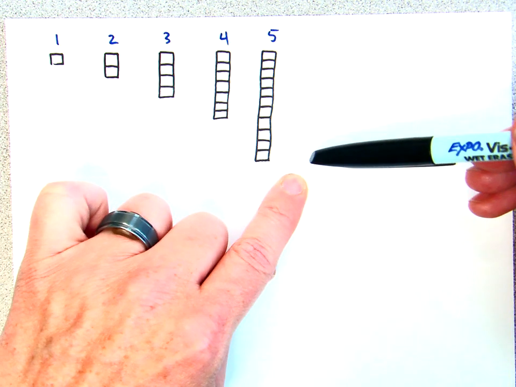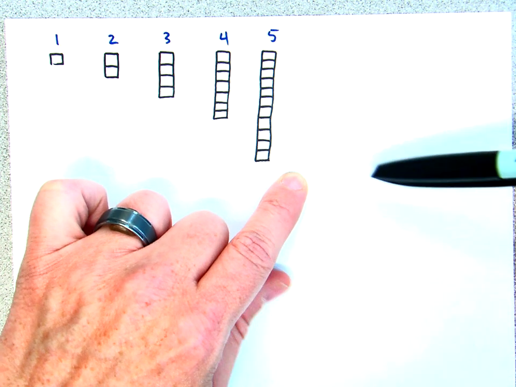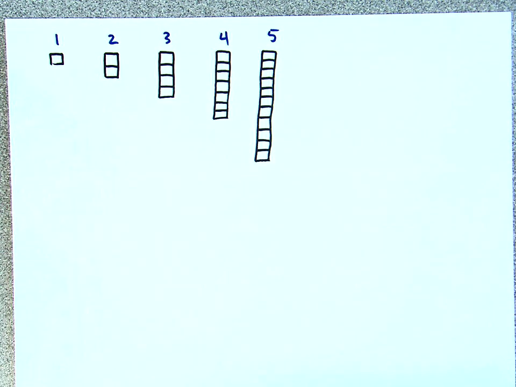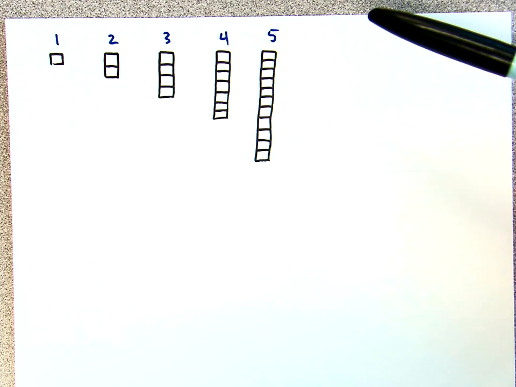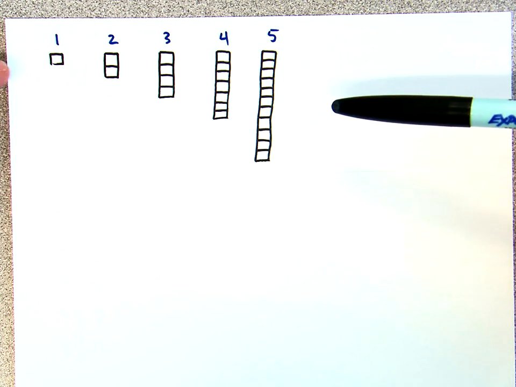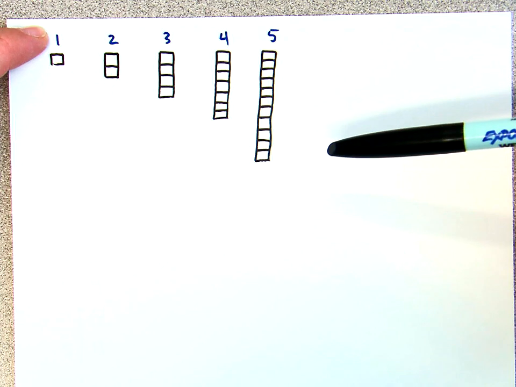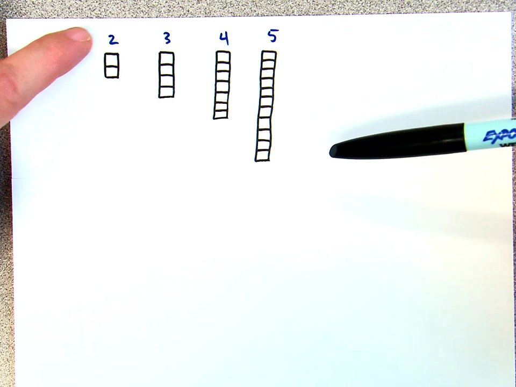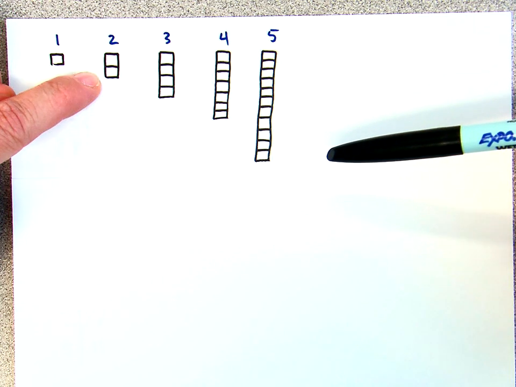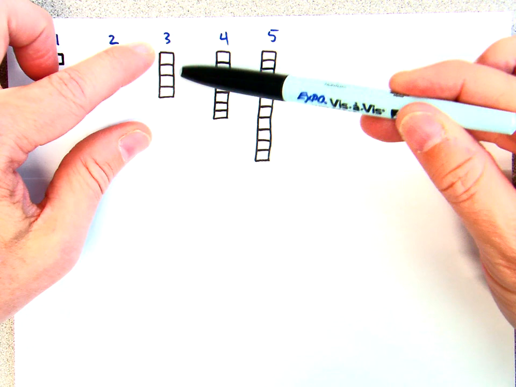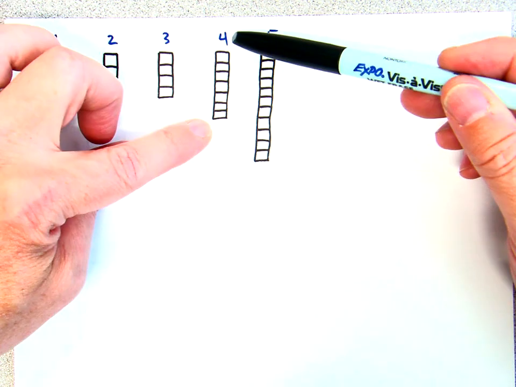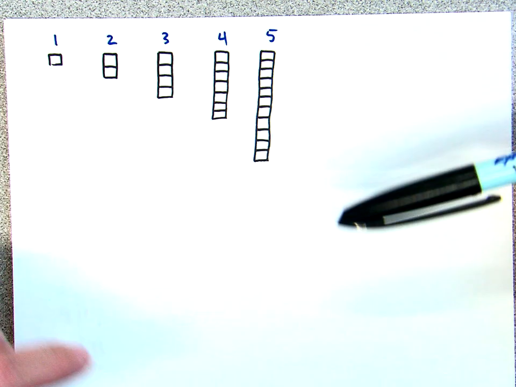And then if I can use the sixth image to find the seventh image, and the seventh image to find the eighth image, that's exactly what the recursive version would be. Now, generally what we'll do is, since we're trying to find the patterns, I can say, in the first image, there is one block. In the second image, there are 2 blocks. In the third image, there are 4 blocks. In the fourth image, there are 7 blocks.